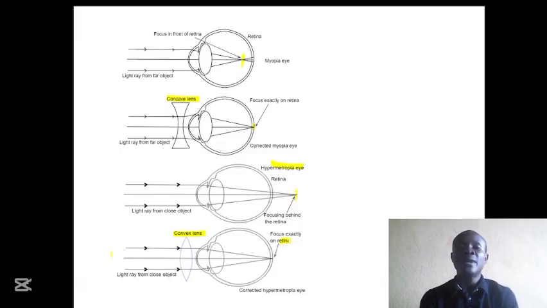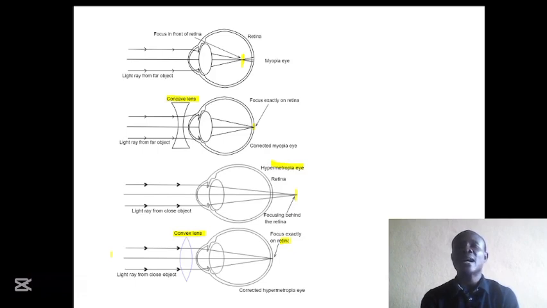We have presbyopia. Presbyopia is caused by lack of elasticity of the lens. In this case, the lens will not be able to focus an object right onto the retina. This can be corrected by using what we call bifocal lens.